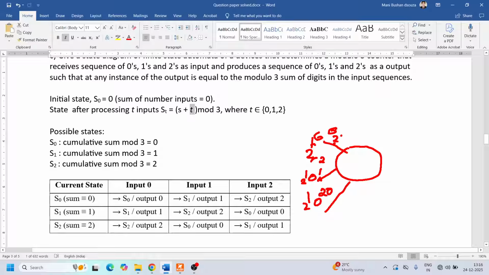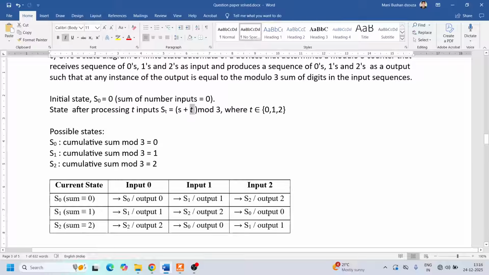Any possibilities are there, but the possible output you are going to get is only 3 states: S0, S1, or S2. Only 3 states you are going to get. Hope you are able to get the logic of this.